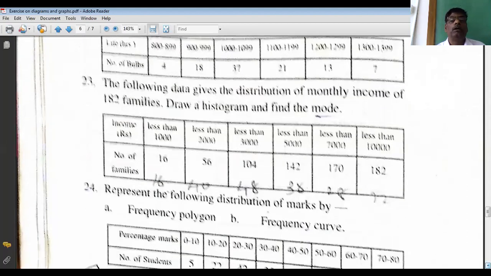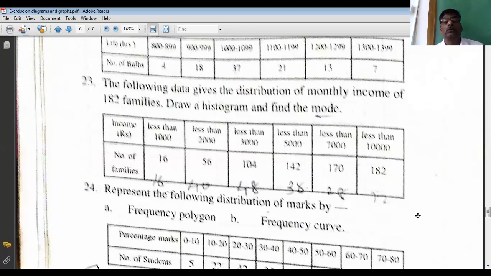Then example number 23. From the following data, which gives the distribution of monthly income of 182 families, draw a histogram and find the mode. Okay.